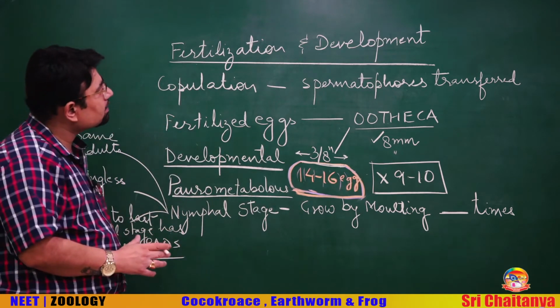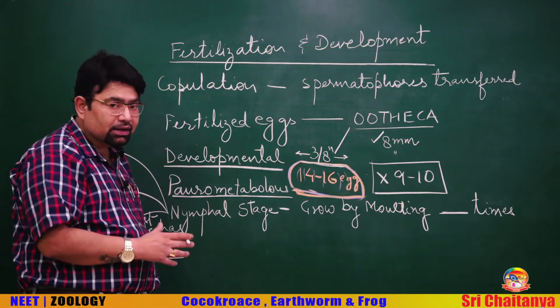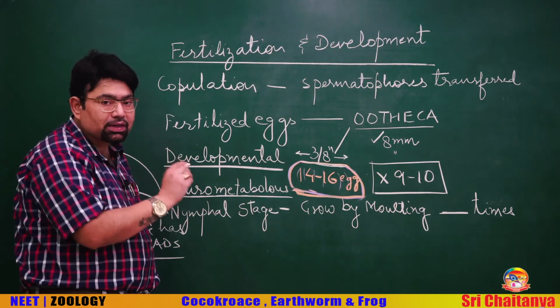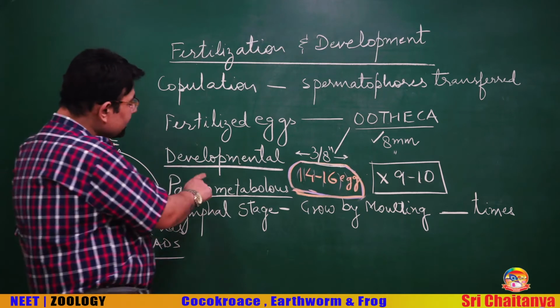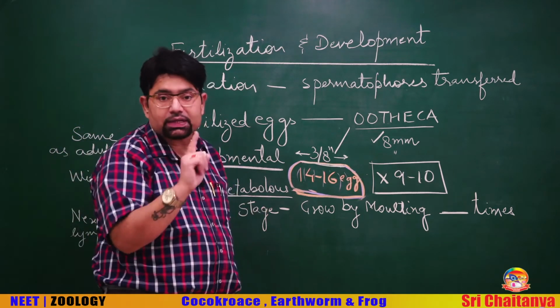Development in cockroach, particularly Periplaneta americana, is paurometabolous. Paurometabolous means there is a nymphal stage, not a larval stage.